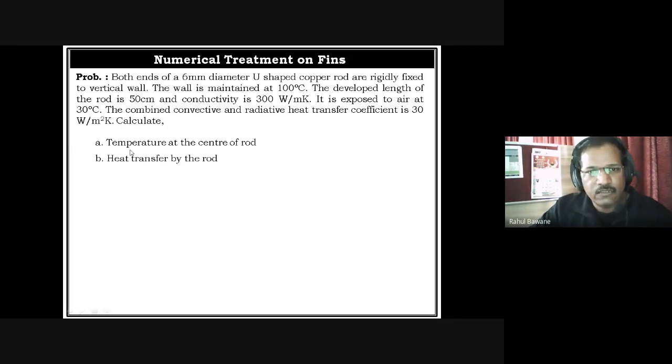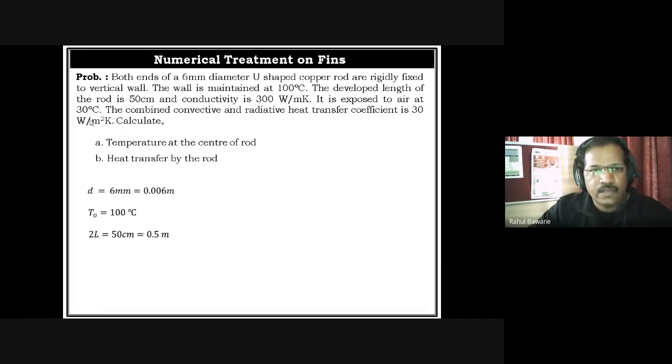Calculate the temperature at the center of the rod and the heat transfer by the rod. So we have the diameter of that U-shaped copper rod, base temperature 100, and the developed length is 50 centimeters. So if it is a U shape, it will be 2L. So 2L will be 50 centimeter.